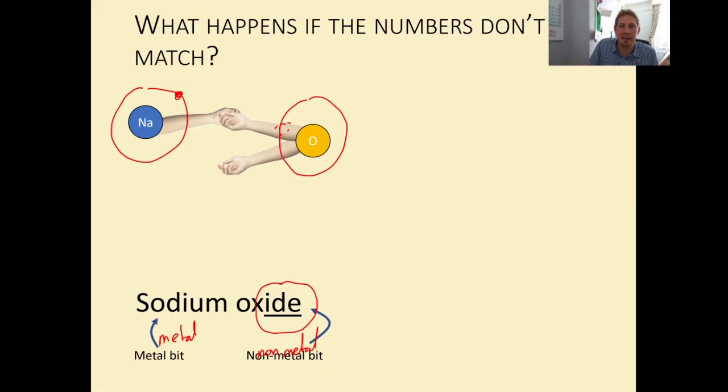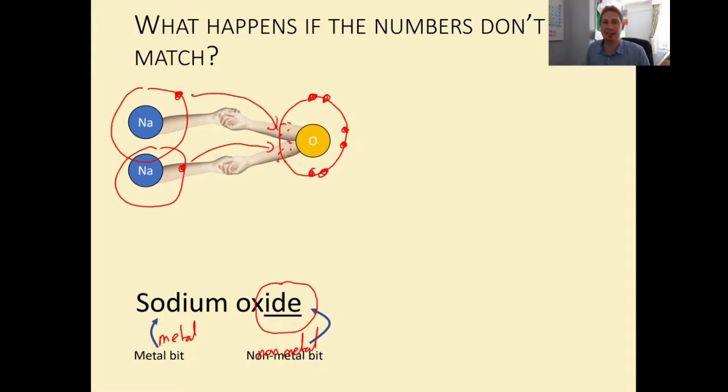Oxygen needs 2 more. So sodium, one of them, cannot satisfy the oxygen. So what do we do? We need another electron that comes from another sodium with 1 electron in its outer shell. And that's why that is a 2-to-1 ratio, and it forms the formula Na2O.